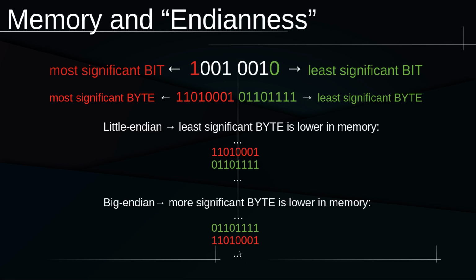And in big-endian, from bottom to top. At the bottom you have the more significant byte, and at the top you have the less significant byte. So I hope that settles it.